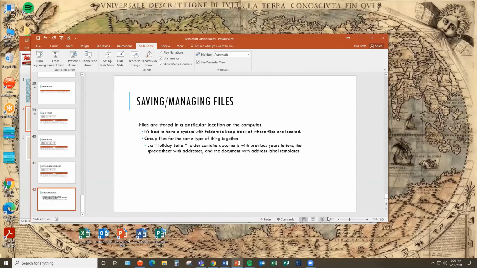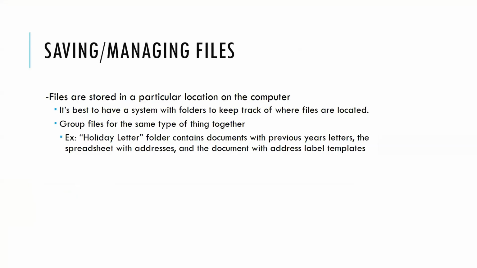So the last thing I want to talk about before I take questions here is saving and managing files. As I started off with, using all three of these applications creates a file. And a file, like I said, think about it like a piece of paper where you're keeping all that information stored that you are then putting in a folder. It's that same idea. On your computer, it's best to have those organized and have things that are similar be grouped with each other.